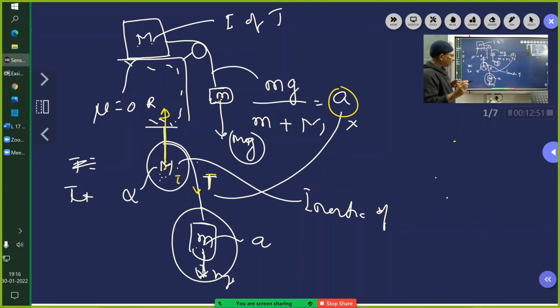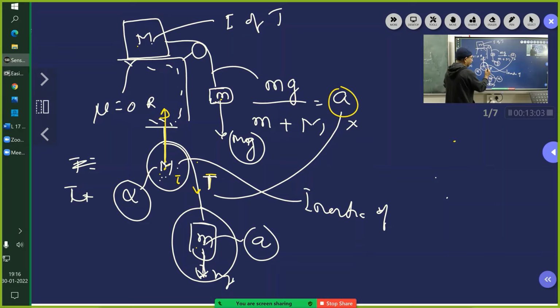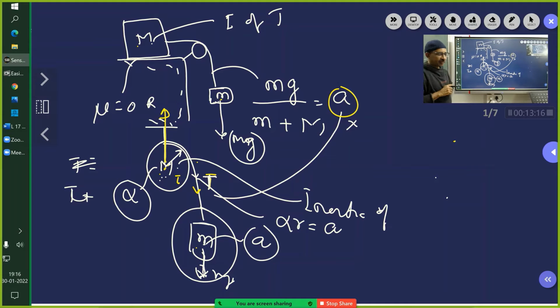Now this angular acceleration and this linear acceleration will get related. What is that relation? Here you see, the angular acceleration alpha into the radius r will be equal to the translatory acceleration a. So that's how it will get related.